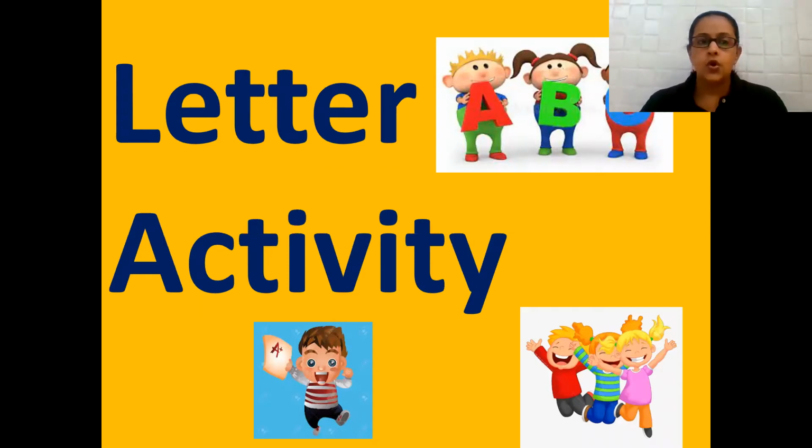Okay, so the letter activities, let's see. This is letter matching where the cards are placed and the letters are placed on one paper, and the child has to pick up each card. Again, here they have to match with the sound.